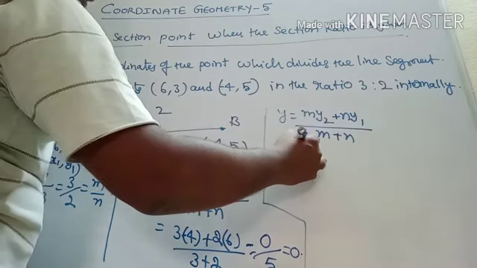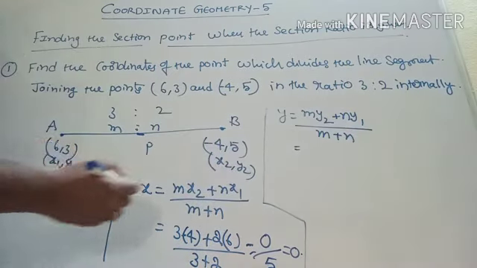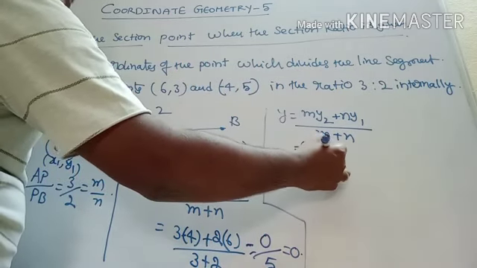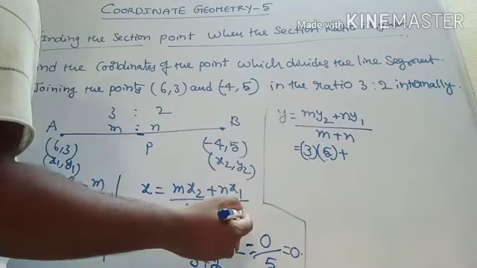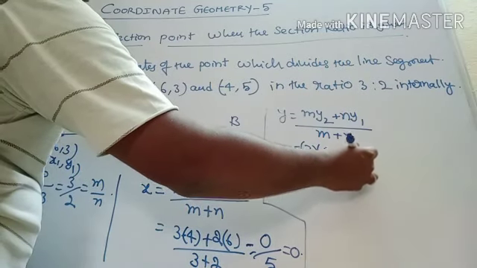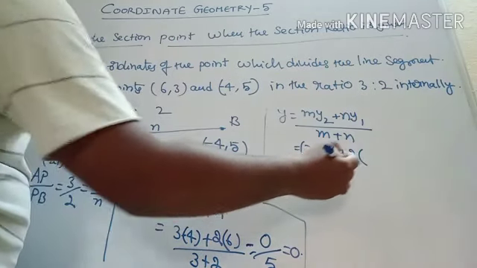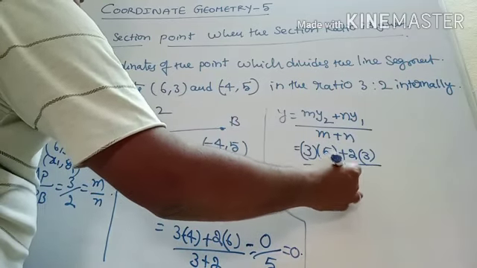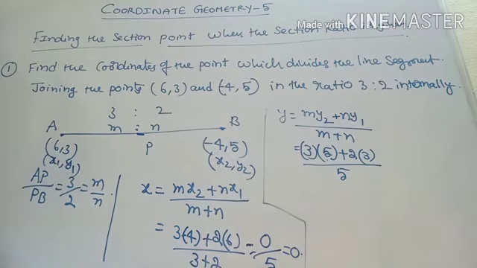Based on this basic formula, m is 3, y2 is 5, plus n is 2, y1 is 3, divided by m plus n, which is 5.